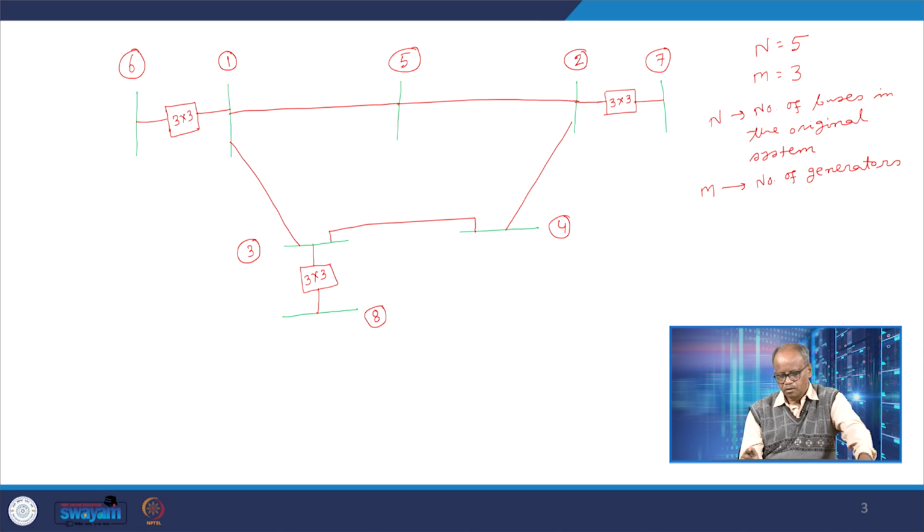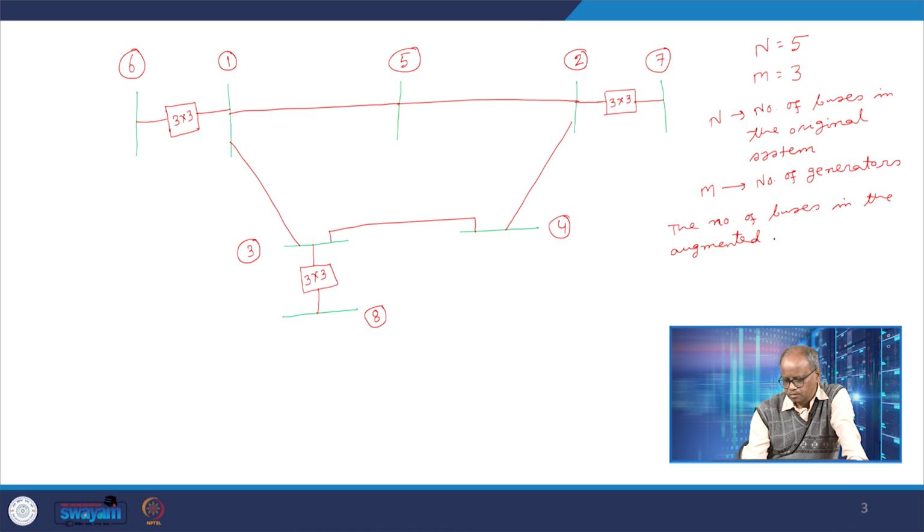Because each of these three generator buses has its own internal bus, the number of buses in the augmented system is 8. That is 5 plus 3.